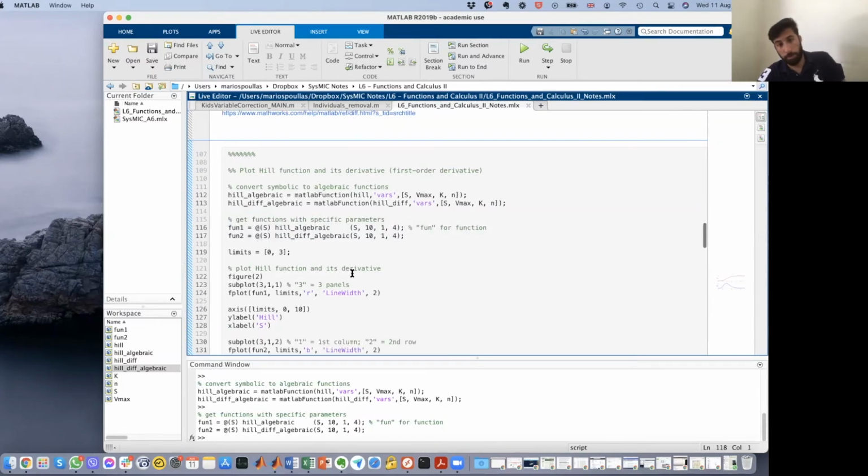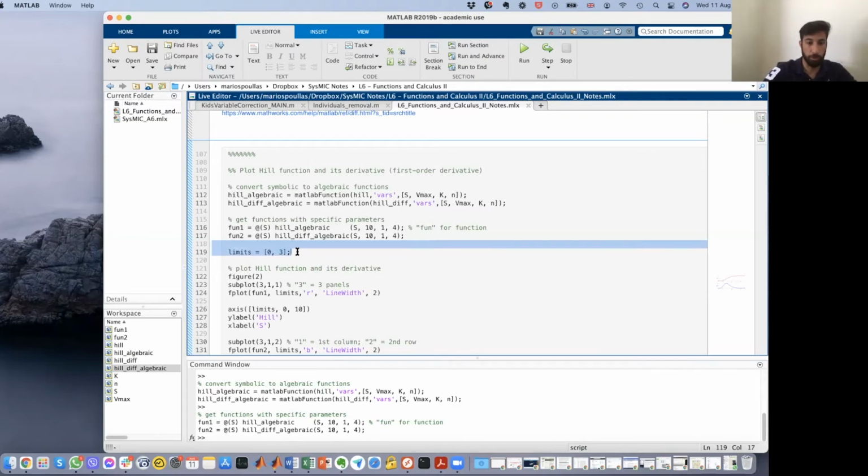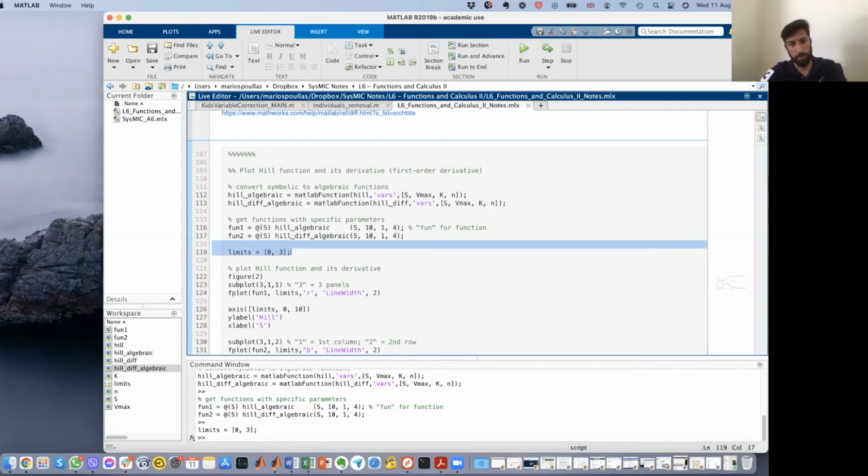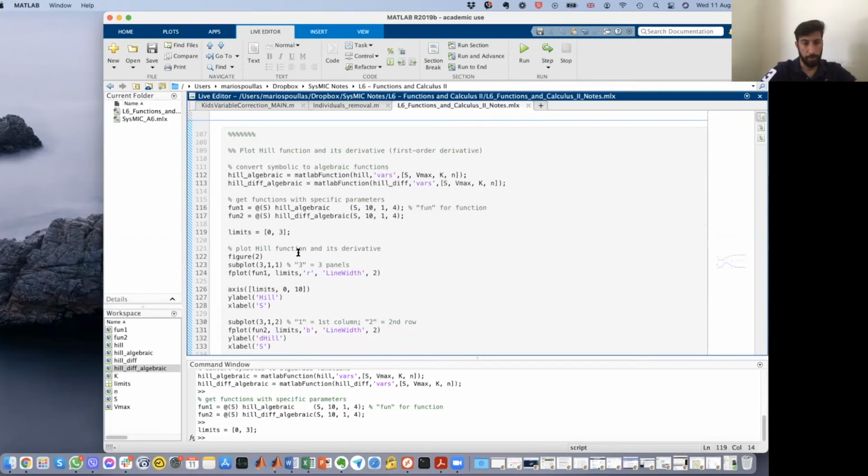We are gonna plot again the figures. So I'm first specifying the limits as we did before, from 0 to 3. Or actually earlier we had it to 5, but 3 should work as well. And then we are proceeding to plot the Hill function and then to plot the derivative. As you might have seen here, I'm using figure and then number 2 in the brackets.